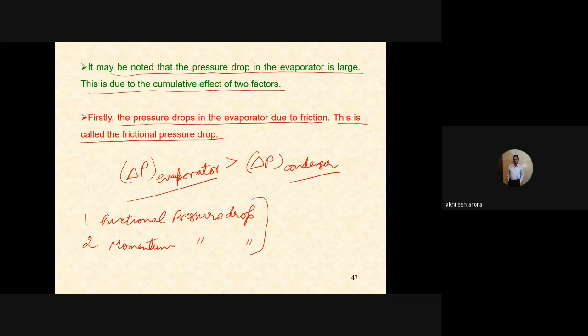First we are talking about the pressure drop due to friction. There is a continuous length of the evaporator coil through which the refrigerant is passing. Because of its length, there is pressure drop, and that pressure drop will be given by 4FLV squared divided by 2gD.